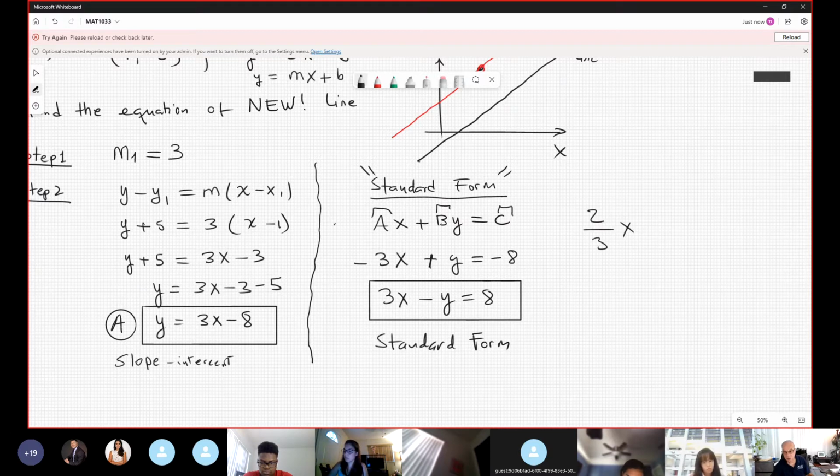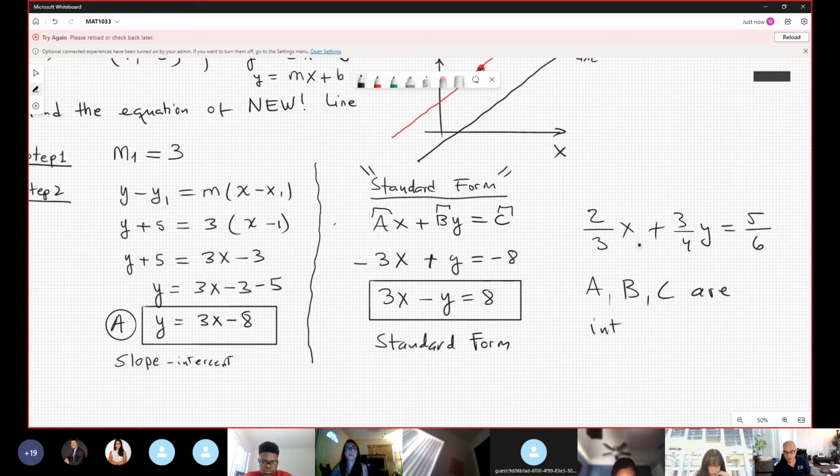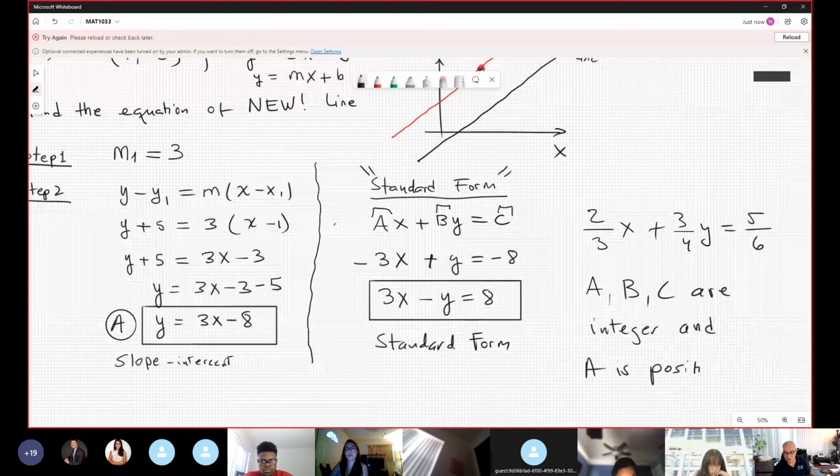Suppose another hypothetical example, because it's a fraction. No. A, B, and C must be integers, no fraction, no decimal. And one more restriction in the standard form: A must be positive. A, B, and C are integers, and A is always positive.